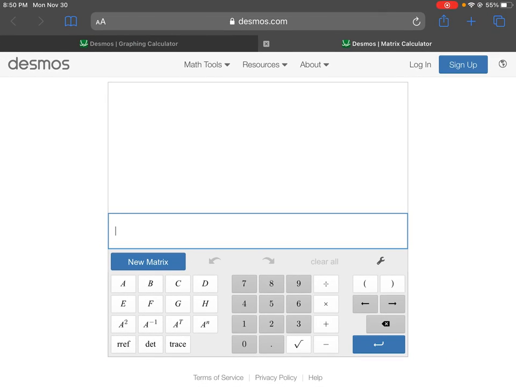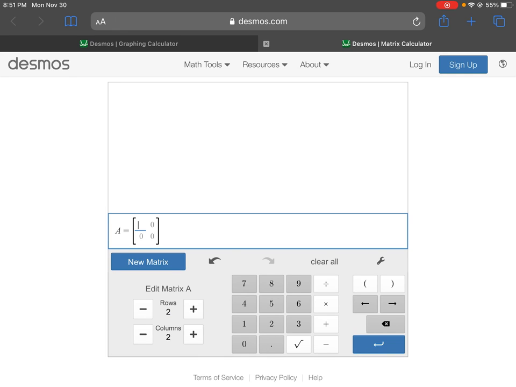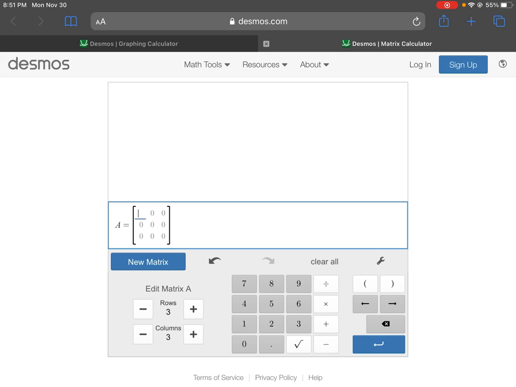Okay, so here's our Desmos matrix calculator. First things first, let's plug in matrix A, which is a 3 by 3, and it has 1, -4, 3. Moving to the second row, -1, 3, -1. And moving to the third row, 2, 0, -4.